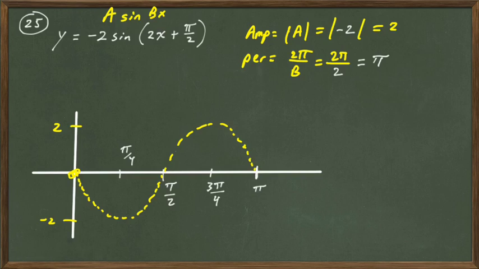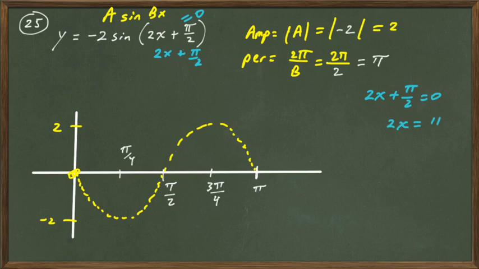Now if I was to extend this, because I know I do have to shift it, let's do it smart. Let's say, what makes this 0? 2x plus pi over 2 equals 0.